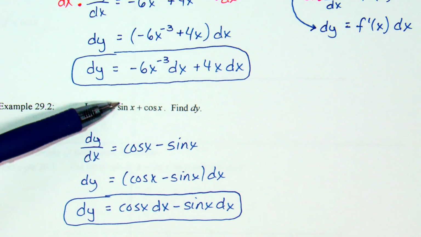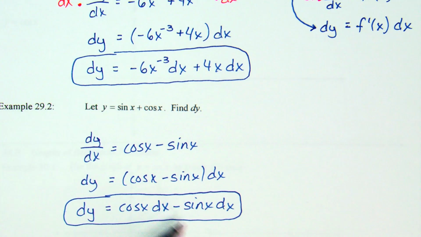Dy. So times what differential? Derivative of sine x is cosine x times what differential? The dx. Derivative of cosine is minus sine times what differential? Dx. Okay? And obviously this is only going to work if you have two variables in a problem. It can't work with more than two variables or anything like that.